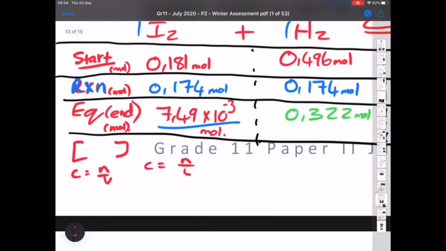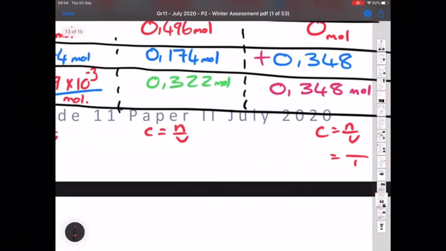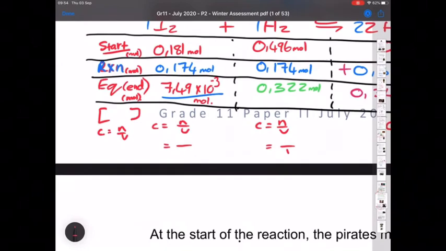So 7.49 times 10 to the minus 3 divided by 1. C is equal to n over V, and here the V is going to be 1.